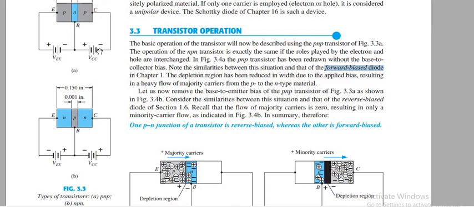It works in the reverse biasing, it means it is having the high resistance. So the current flows from the low resistance part to the high resistance part, it justifies that definition.